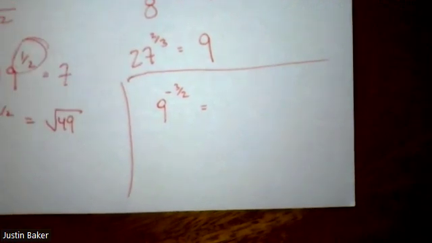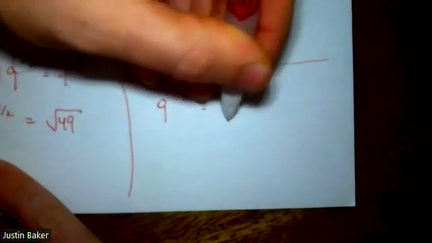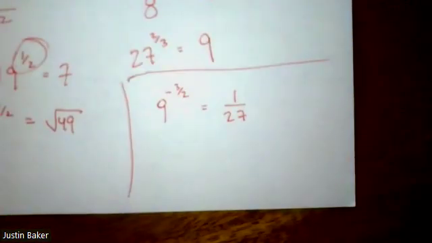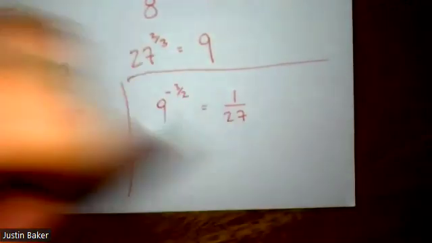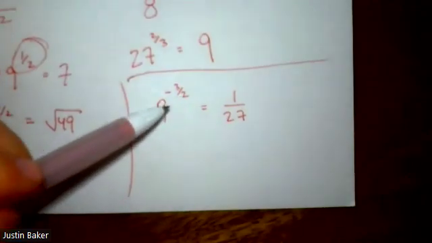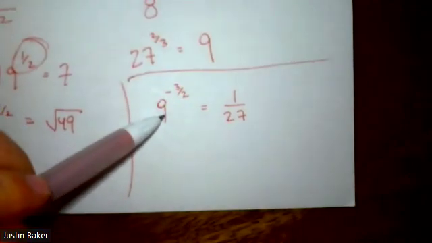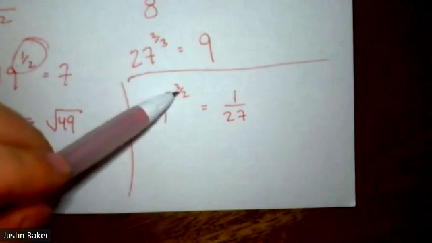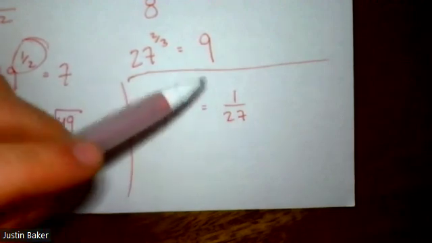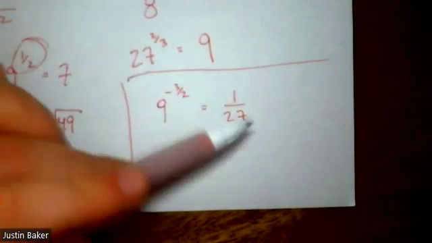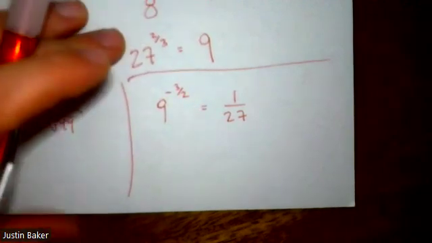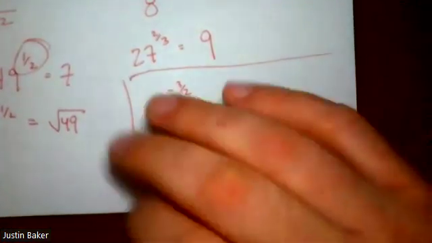But if you have a negative exponent, it tells you to take the reciprocal of your answer. We want to turn it upside down. So again, the square root of 9 is 3, 3 to the third is 27. But a negative exponent tells you to flip your answer, to take the reciprocal of your answer.